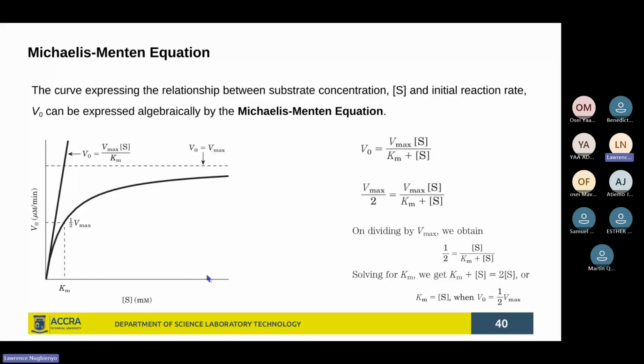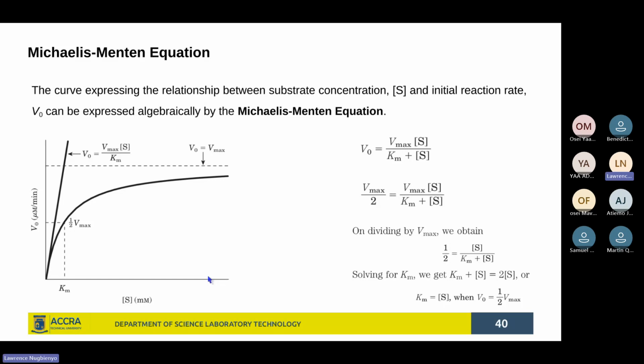Now, if you remember your senior secondary school core maths, you did the equation of a straight line, which is y = ax + b, where a represents the slope or the gradient of the straight line, and b is the intersection of the line with the vertical axis.